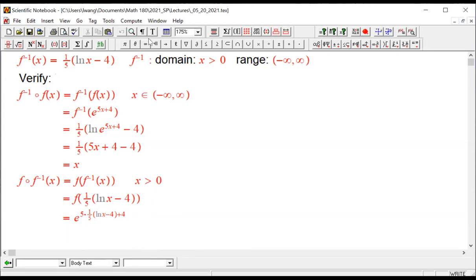Symbolic operations. Okay. Now we have e to the power of, so we're going to simplify the power. In the power, 5 times 1/5 is equal to 1. So we have ln x minus 4 plus 4.